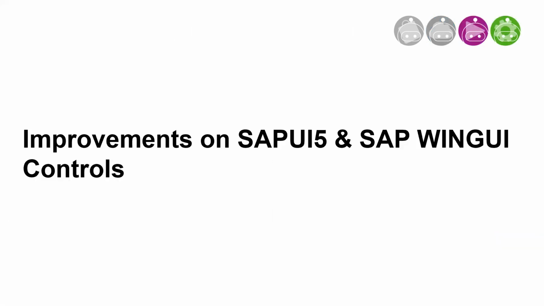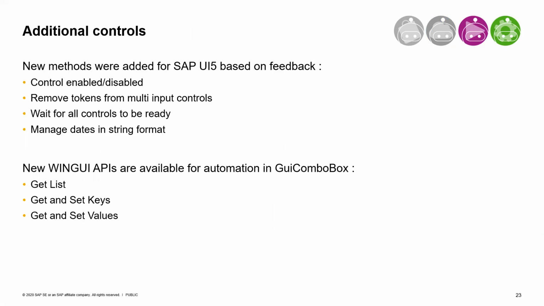Last but not least, we introduced some new improvements on SAP UI5 and WinGUI controls. So on SAP UI5, we've added some methods based on feedback from the S4 team.